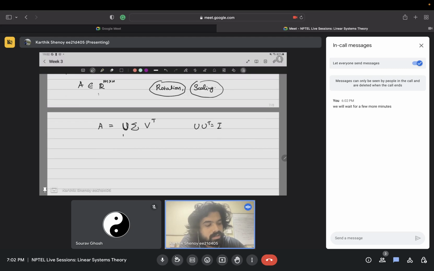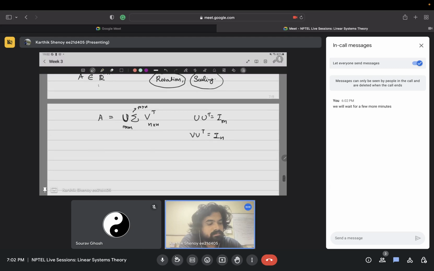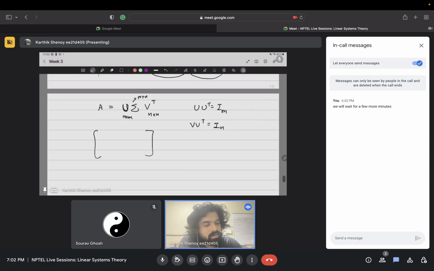The dimensions: U is M cross M, V is N cross N, and sigma is M cross N. V transpose V is also identity. Sigma will look something like this: sigma 1 to sigma r, rest all are zeros. These values are called singular values.